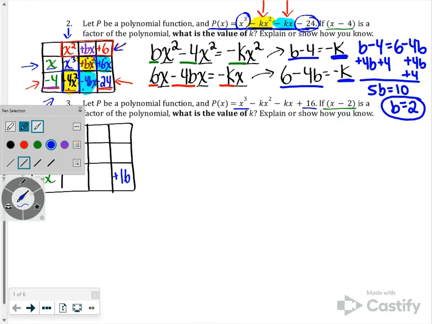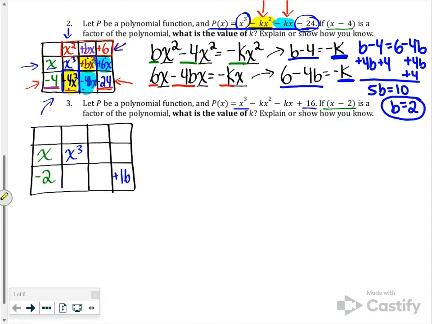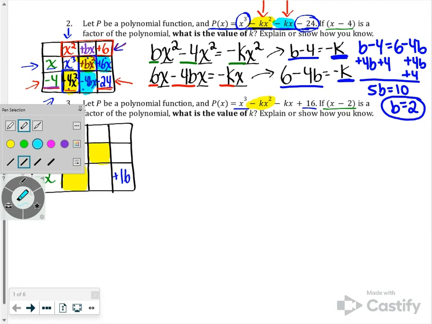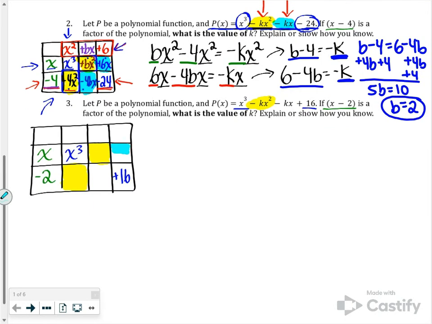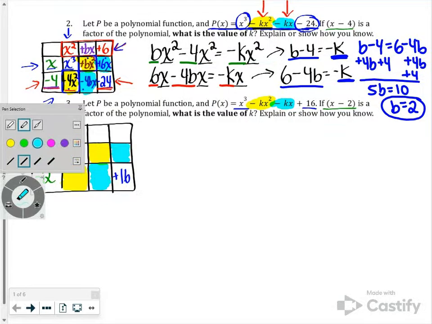We won't know those for a little while, so we're going to say this yellow box, this yellow box are going to be equal to this part right here. And we also know that this box and this box are going to equal out our linear negative kx.